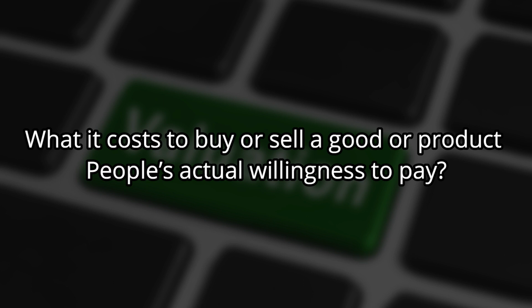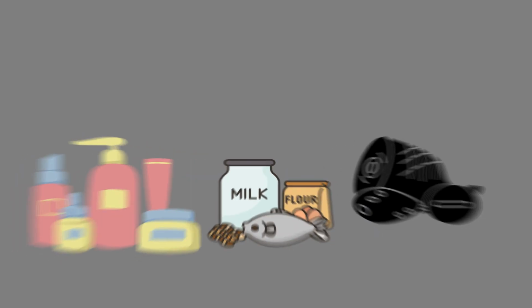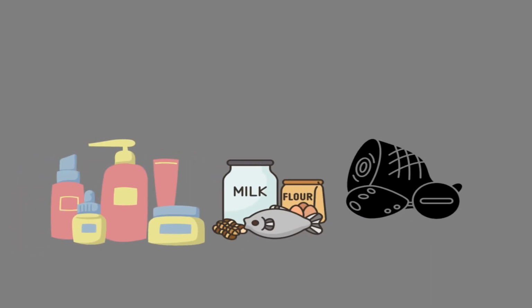So, in this case, again, willingness to pay, what are the choices of people of this area to pay for, is ensured and assessed and valued through the market pricing method. Now, for example, the value of NTFPs used by villages, that includes biomass flow from forest to nearby villages. So, this can be plant foods, this can be wild meats, this can be fuel and housing, crop consumption.